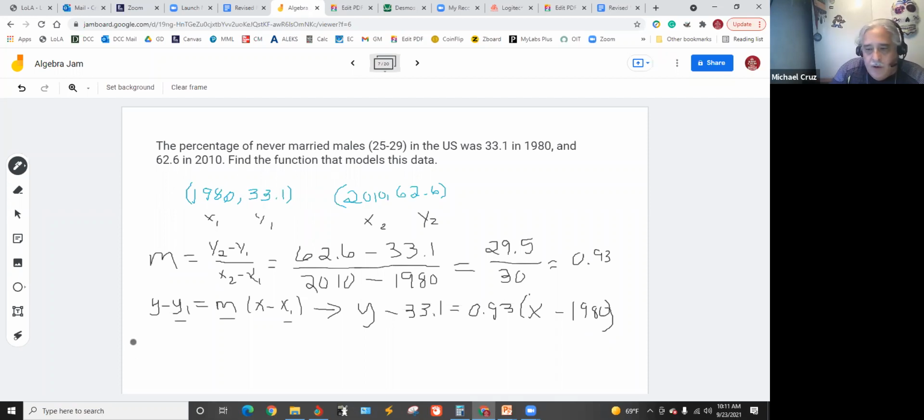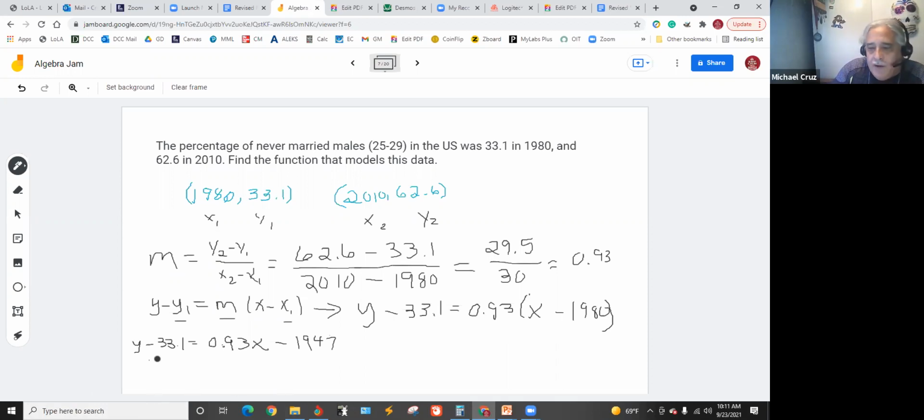So that's y minus 62.6 equals 0.93 times x minus 1980, and when we multiply 0.93 times that 1980, we get 1947.